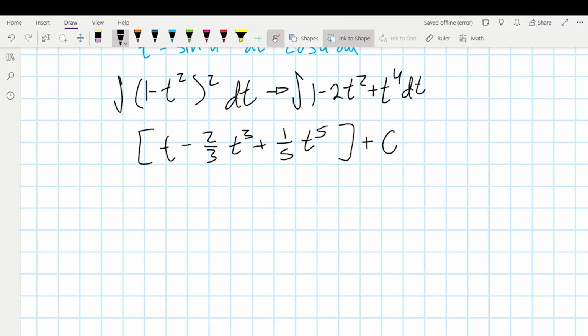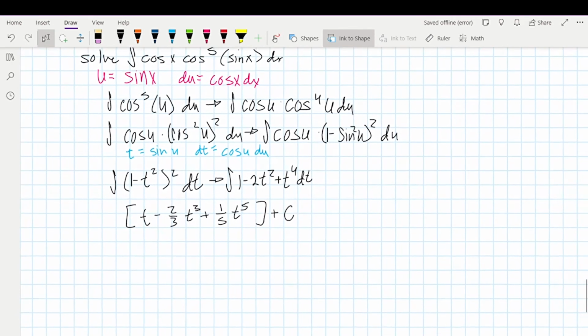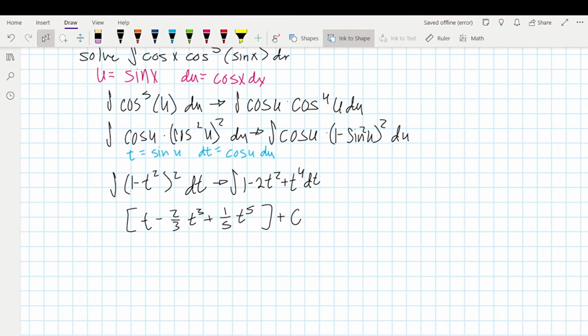And then what we can do from here is put it back in terms of u. So I will zoom out so we can see our things. And this now becomes sine of u, because that's what we said our t was.